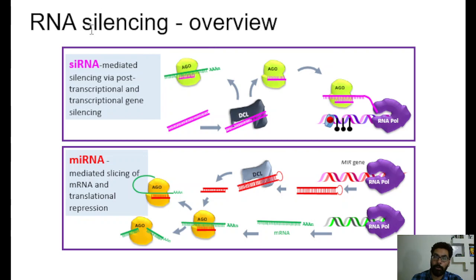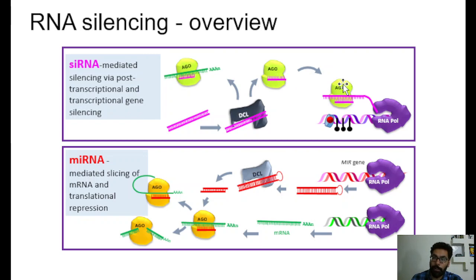So in overall view, how does RNA silencing work? It can work by both these RNAs, siRNA mediated silencing and miRNA mediated silencing. siRNA mediated silencing is normally performed at the post-transcriptional as well as transcriptional level of gene silencing, where a double-stranded foreign RNA molecule will be recognized by the dicer-like protein. It will be degraded by the Argonaute protein.